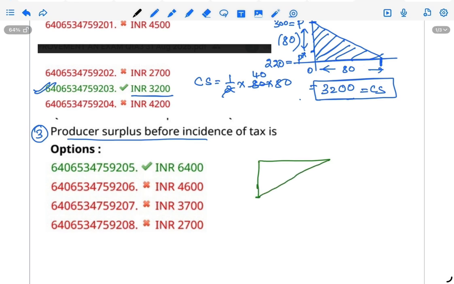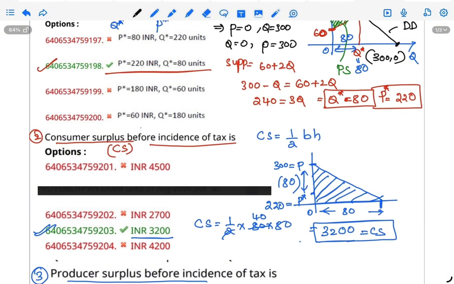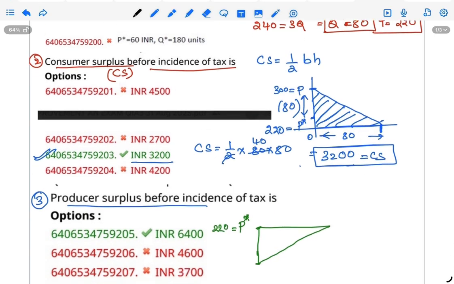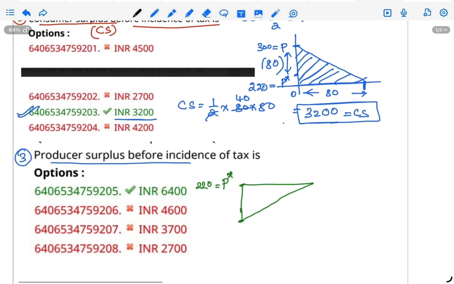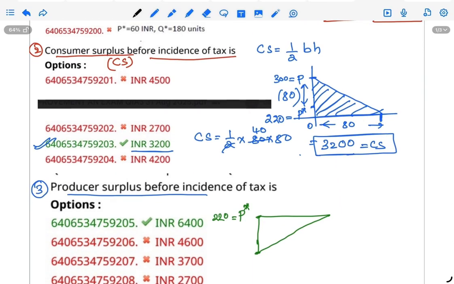This point is P star, which equals 220, and this point is 60. This P star is 220 and Q star is 80.